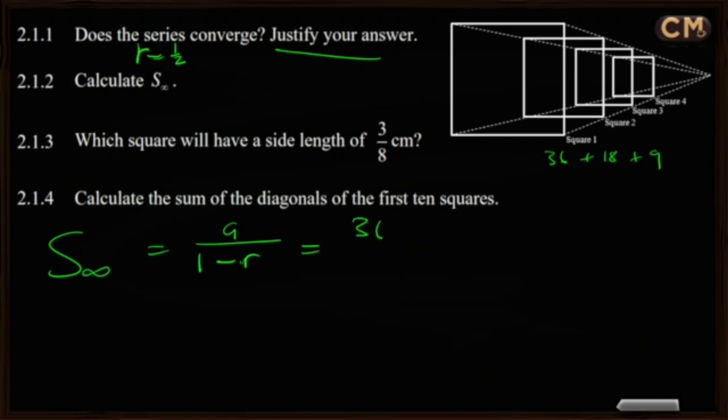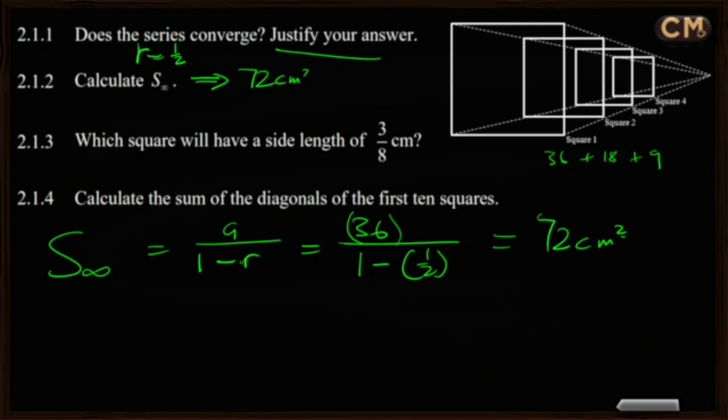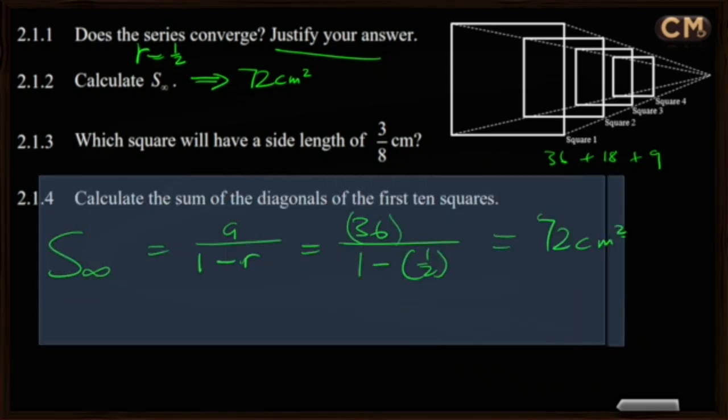So that'll be 36 divided by 1 minus 1 over 2. Yeah, and based on prepped information, we have 72 centimeters squared.